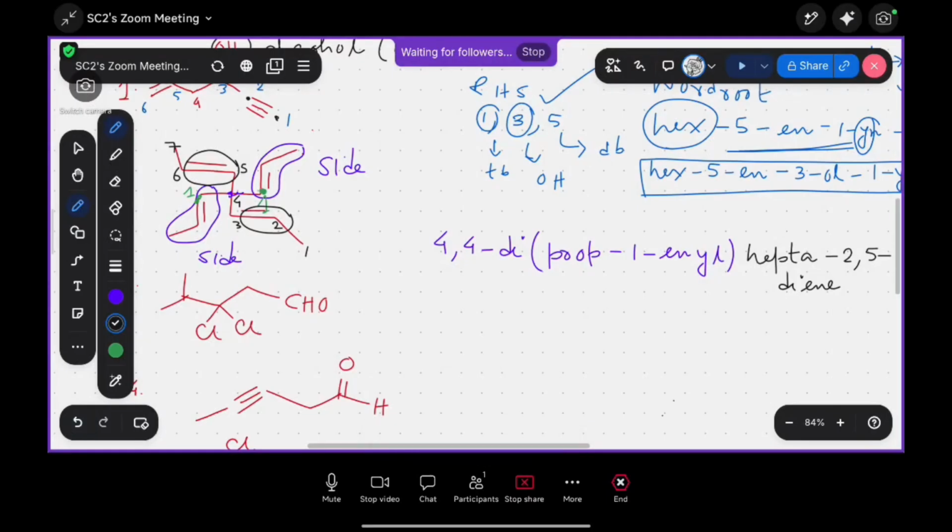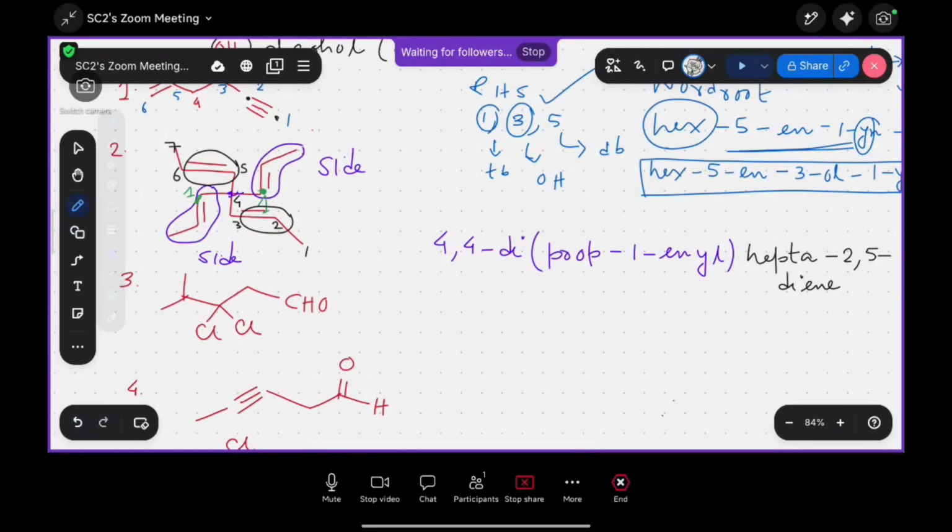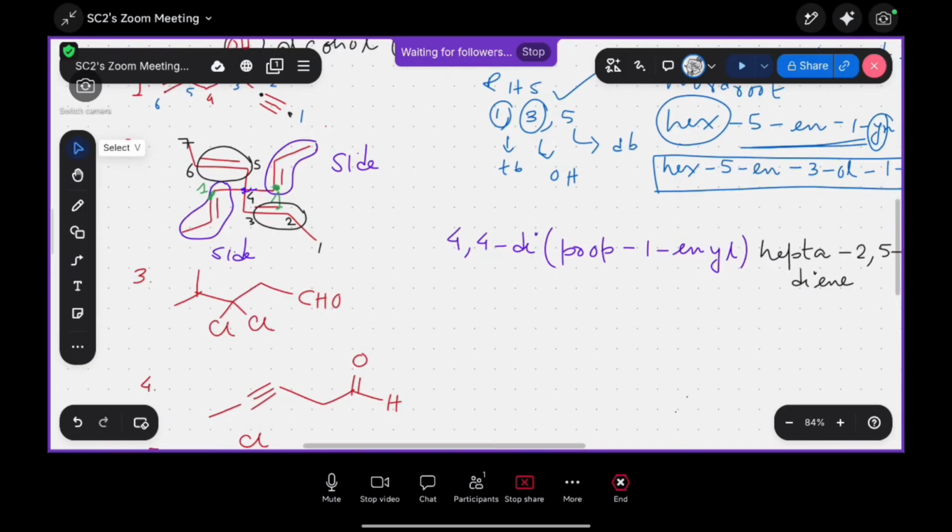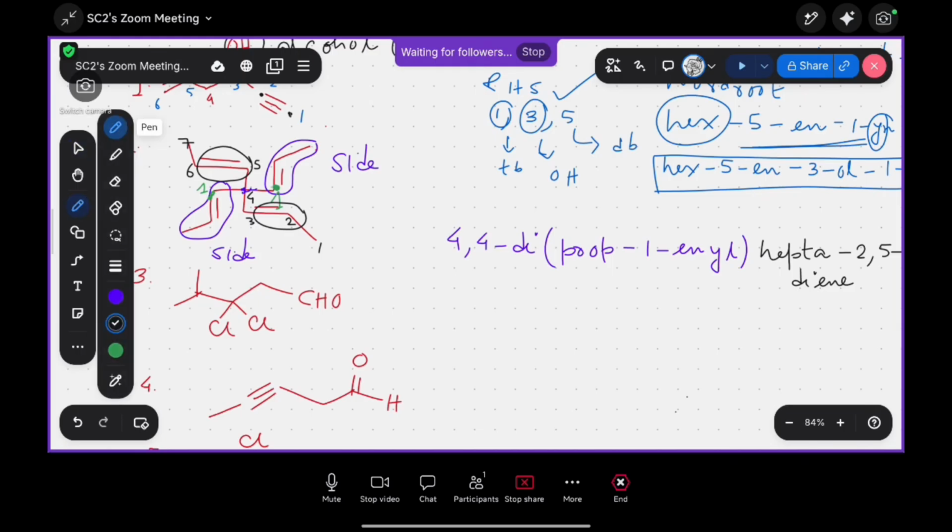Now the third example is somewhat like this. What did I say? That if the functional group itself has a carbon atom, for example in this aldehyde, CHO is called the aldehyde functional group, right? And it is having a carbon atom in it.